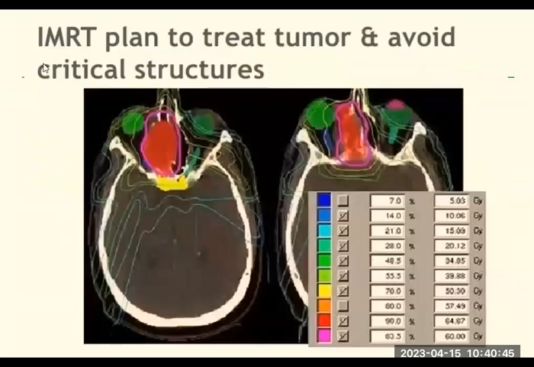The IMRT plan treats the tumor and avoids critical structures. The first diagram is the tumor, and in the second diagram you can find several markings drawn like a freehand diagram, with several lines drawn around the tumor. We can take it as the radiation pattern.